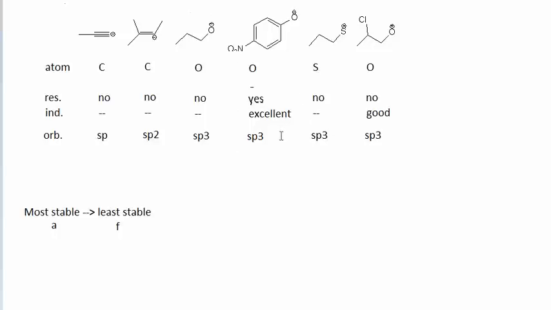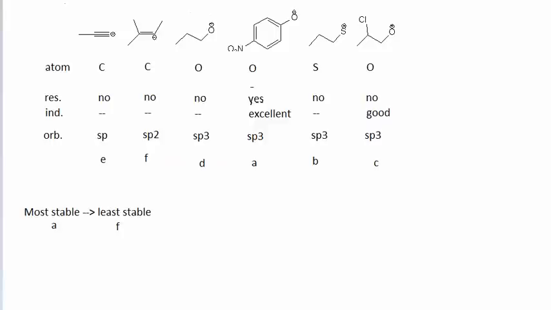Here you have a combination of really good resonance and really good inductive effects, so this one will be the most stable, followed by this one because sulfur beats out oxygen on these two. Here, the inductive effects win out between these. And over here, you have an sp with more s character, and then you have an sp2 with less s character.